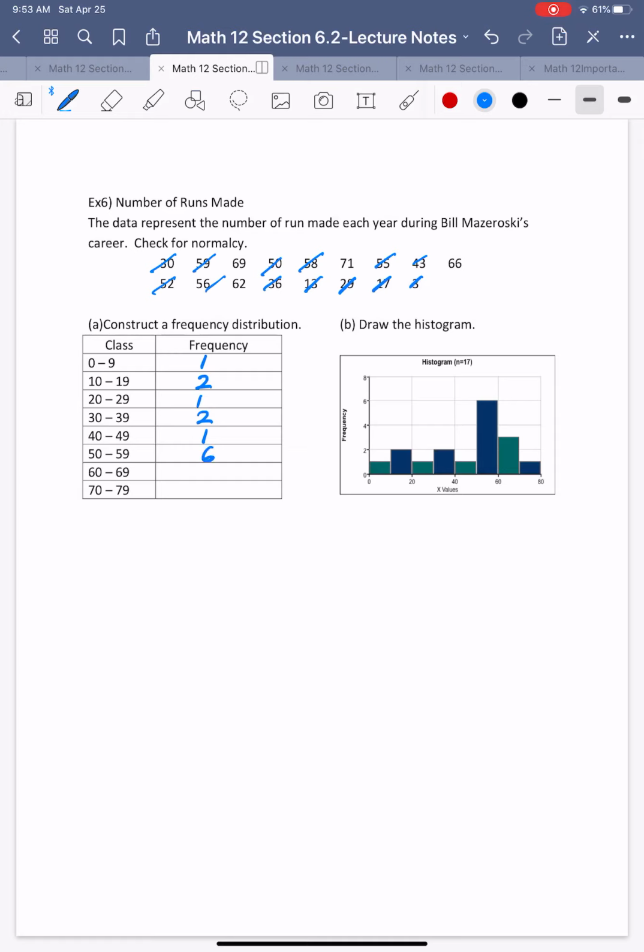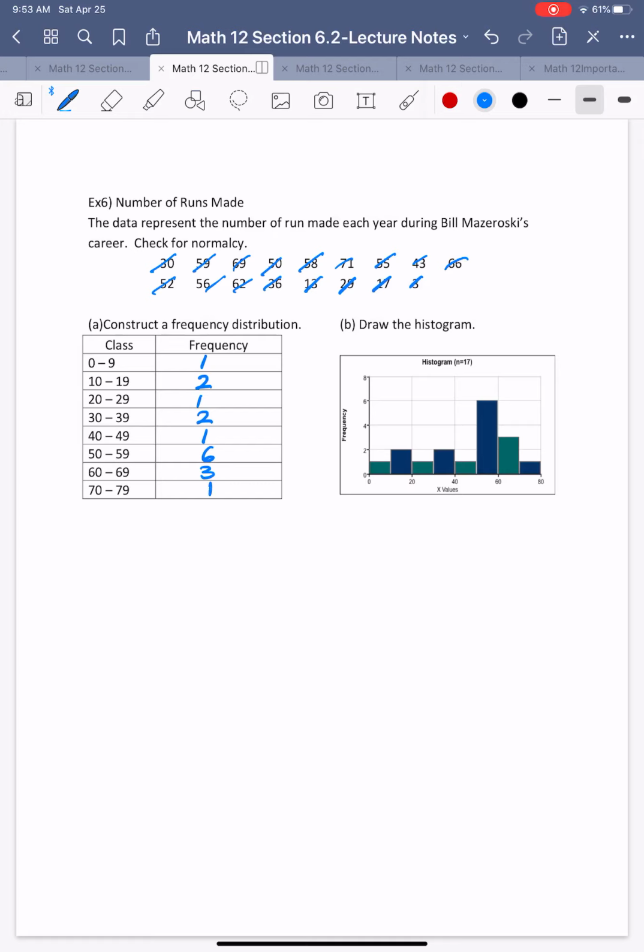For 60 to 69, 3. And 70 to 79 is 1. Okay, that's what I got.